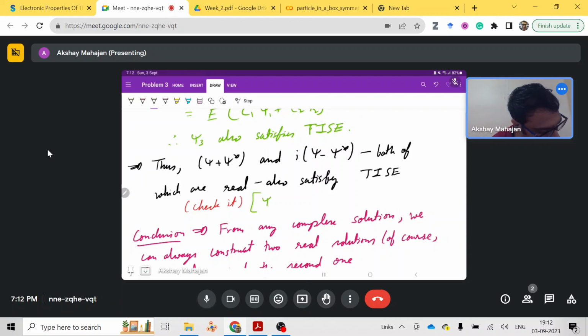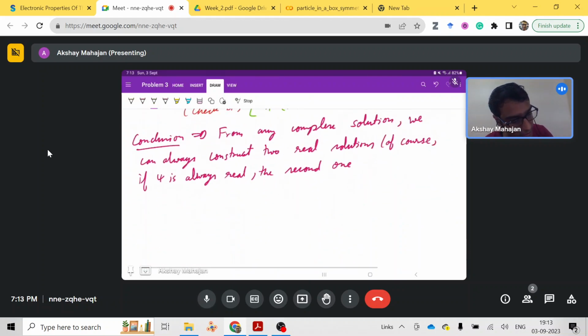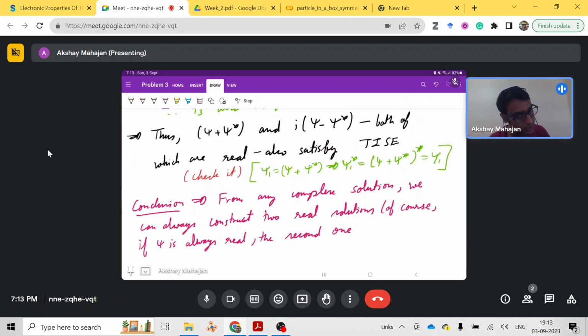If I take psi 1 equal to psi plus psi star and take its conjugate, it will be psi star plus psi, which is equal to psi 1. The same you have to do for iota times psi minus psi star. I'm not doing that right now, but we can prove it like this.